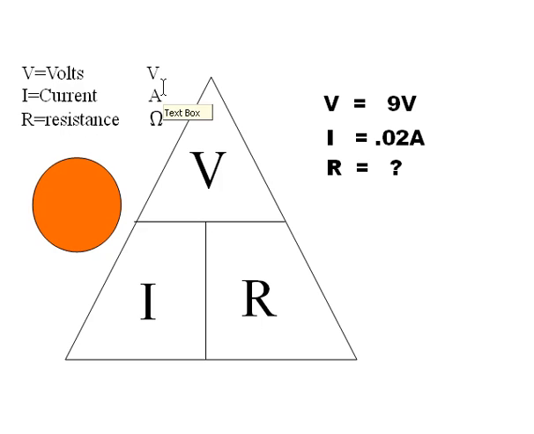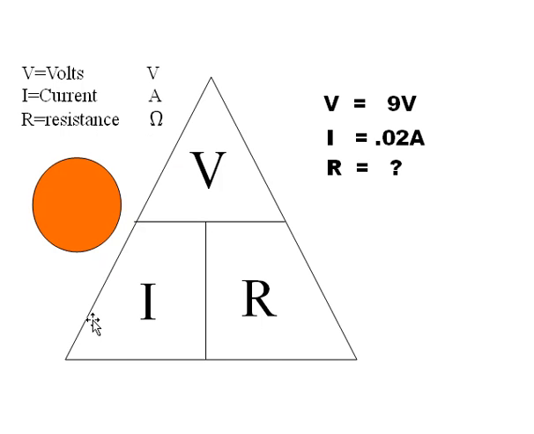So you just need to memorize these three components: V for volts, I for current, measured in amps, R for resistance, measured in ohms. Your volt ohm meter usually has these three on it.